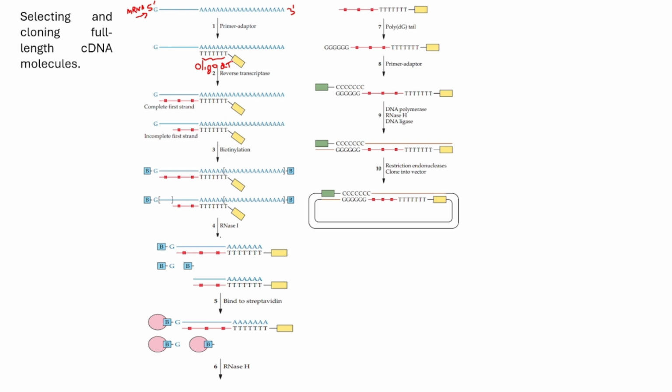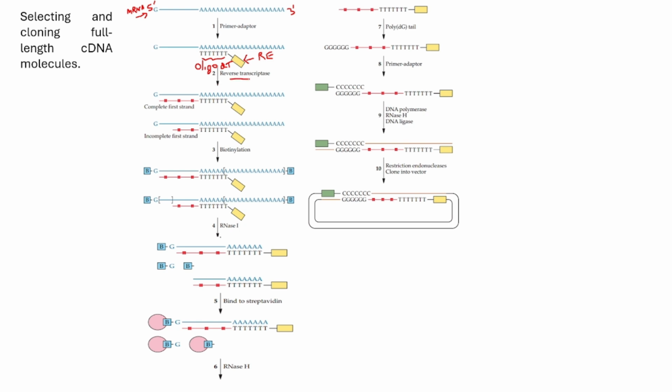So we are only giving such sequences which will have thymine as a nitrogen base, and this yellow box that you see here is a restriction endonuclease site. Got it?